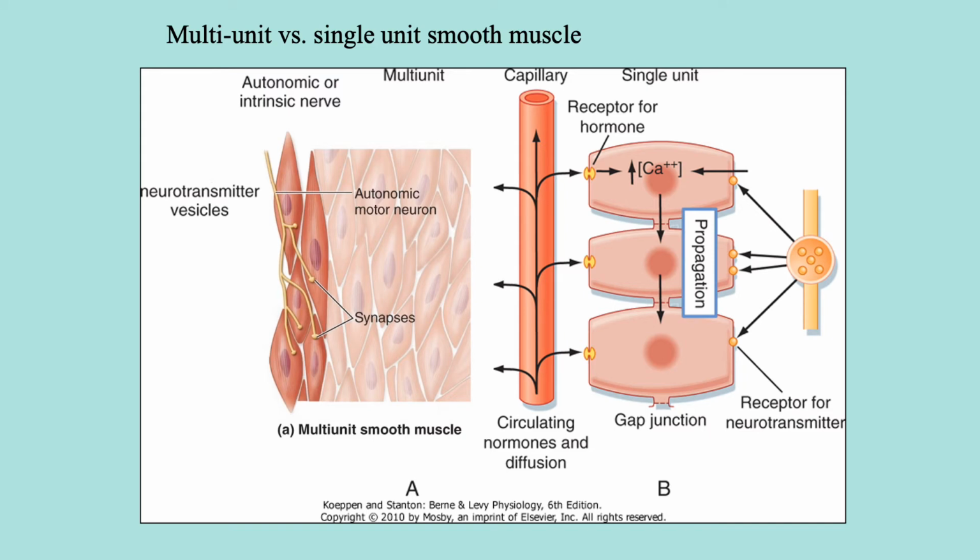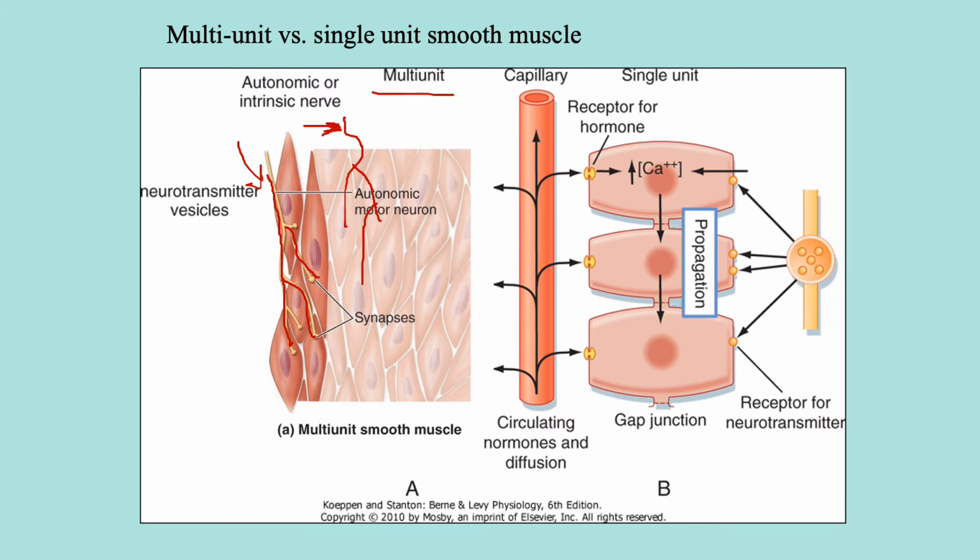Let's compare multi-unit and single unit side by side. We'll start with multi-unit, and we'll see here we have this incoming autonomic nerve fiber, and it's going to innervate a few of these smooth muscle cells. So if we get signal here, or stimulation, we'll see contraction of that cluster of cells. Now, let's say we have another incoming nerve fiber, and it innervates a few of these cells. Well, we're going to need an independent stimulation of this nerve fiber if we want that cluster of smooth muscle cells to contract, right?